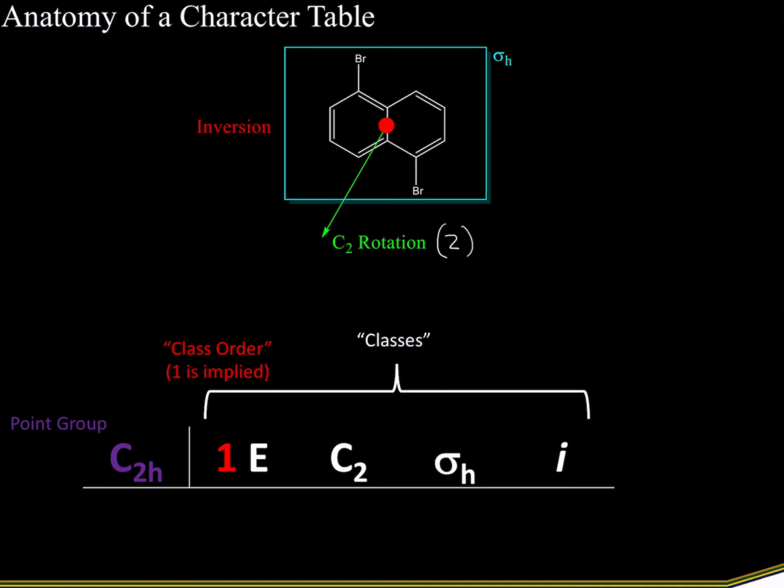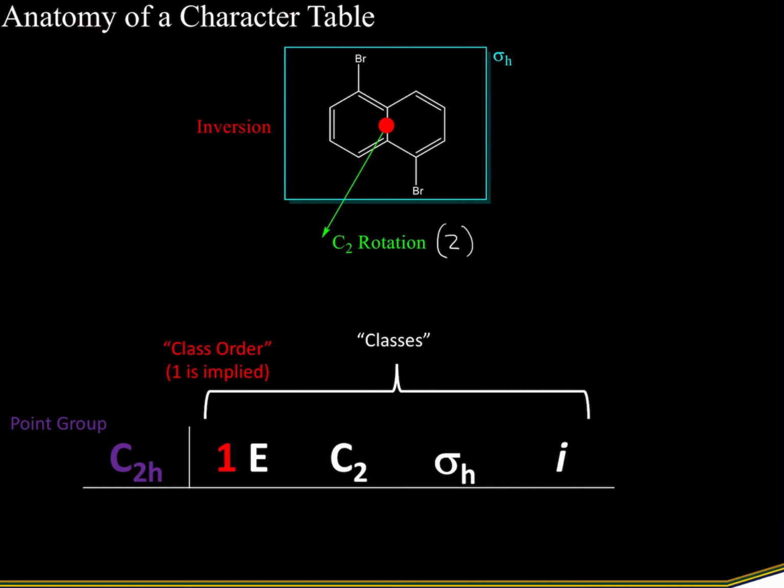Now, if we look this up on our character tables, we'll see that we actually have all four of these symmetry operations listed out for us nicely. These are what we're going to call classes of our symmetry operations. They are grouped by type. So we have the identity, our principal rotation, and then other rotations, and then the inversion center and our mirror planes towards the end.